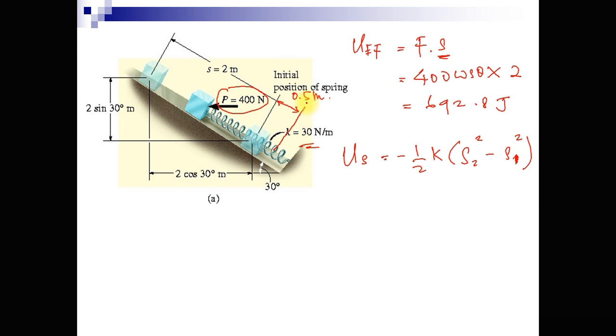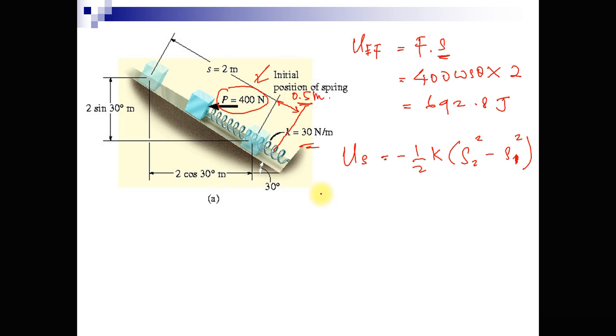This has to be taken into consideration, because before the block is pushed by the external force of about 400, the spring was originally elongated by about 0.5 meter.